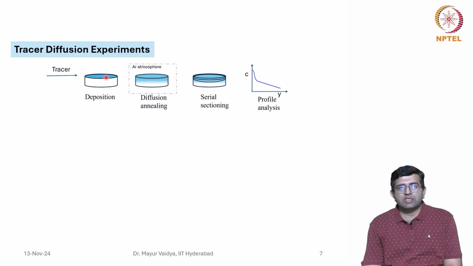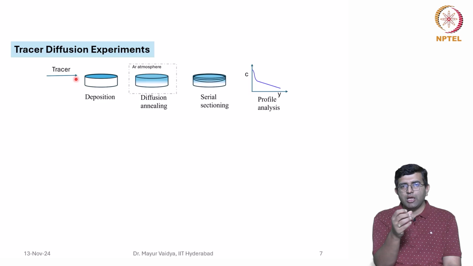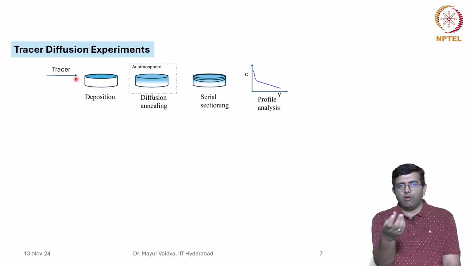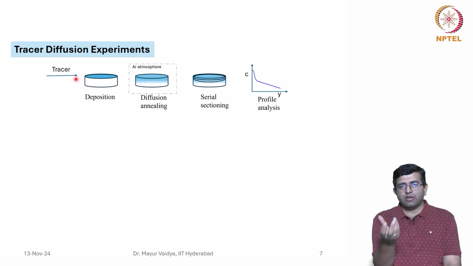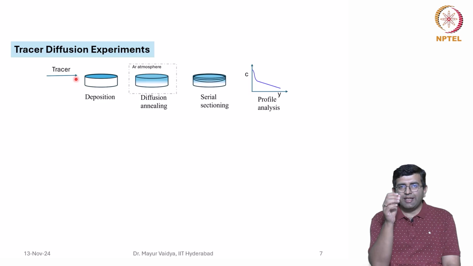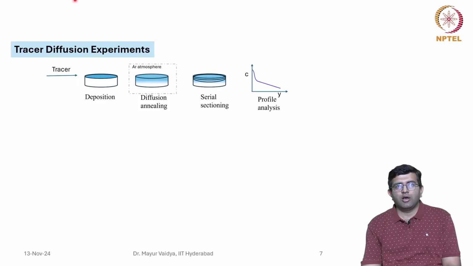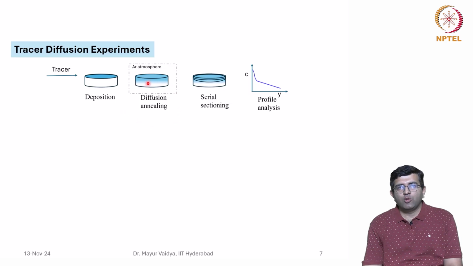The way we deposit this tracer is usually in the form of a dilute solution. So let's say if you have a radioactive isotope of cobalt, then that is mixed in HCl or some suitable acidic solution, and that solution is deposited on the sample, allowed to dry, and then you do the diffusion annealing.